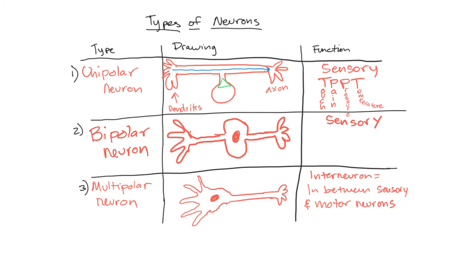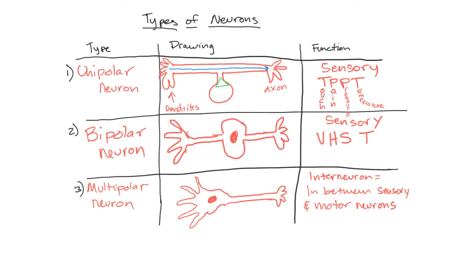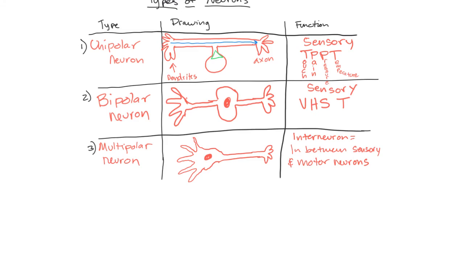Okay, and my acronym for this is VHS. Anyone know what a VHS is here? No, you guys have no idea. You're too young. Just kidding. All right, so vision, smell, what is H?